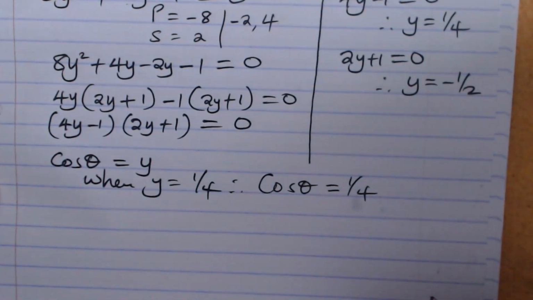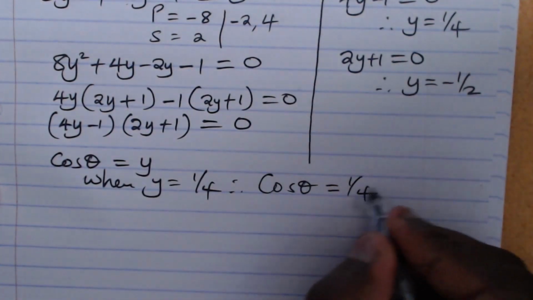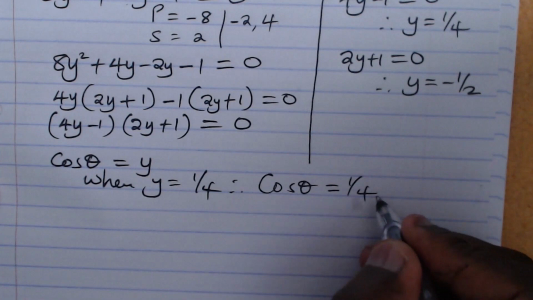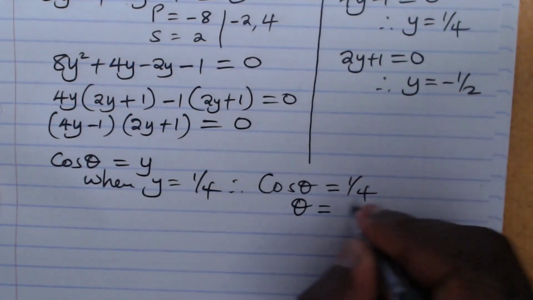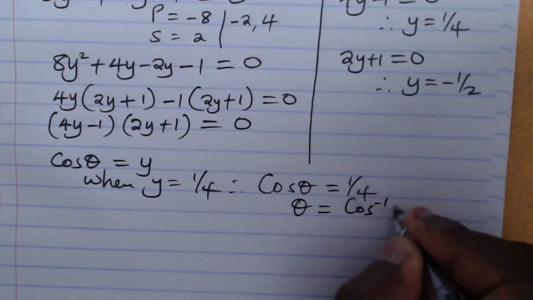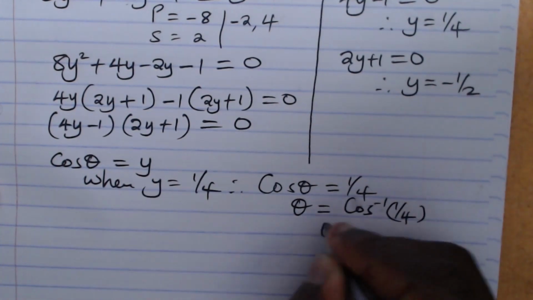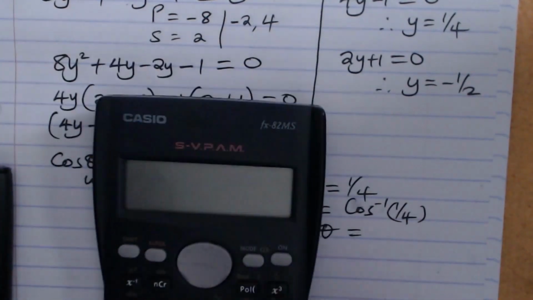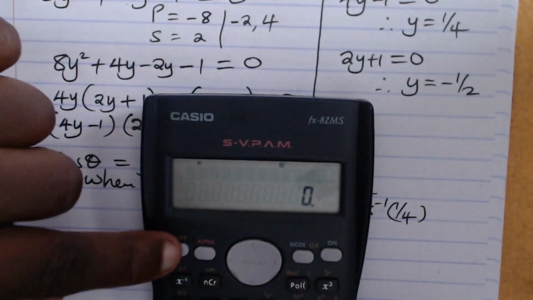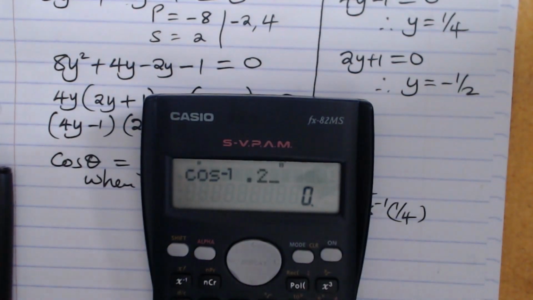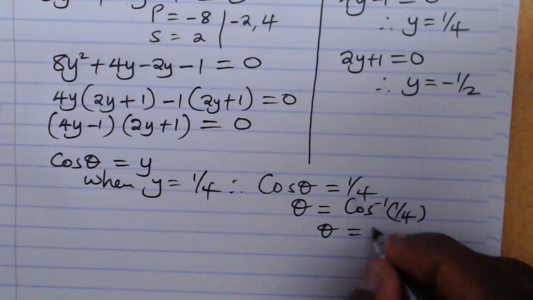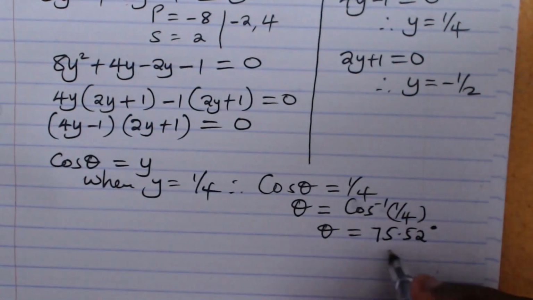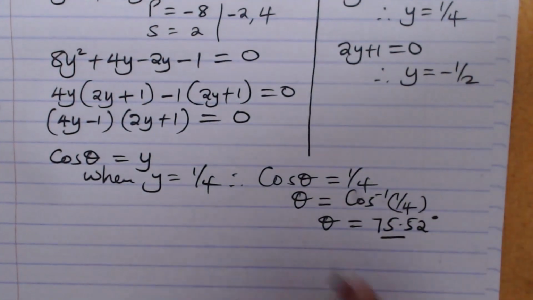You just need to get the cosine inverse. 1 over 4 is the same as 0.25. So theta will be the cos inverse of 1 over 4, which is the same as the cos inverse of 0.25, giving 75.52 degrees. So that is the first angle.